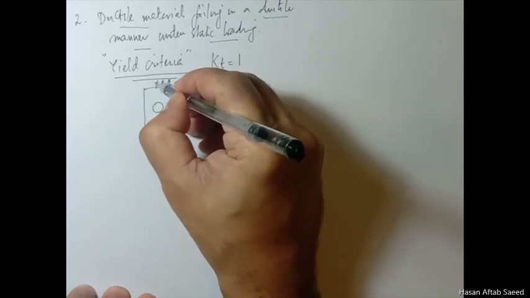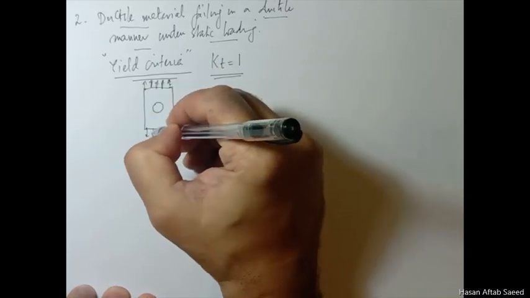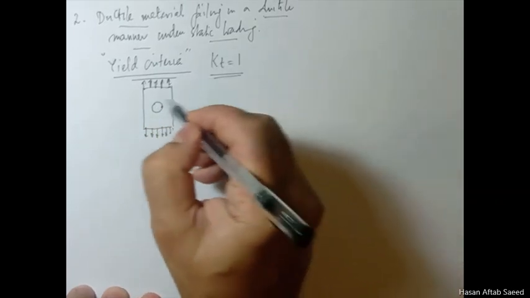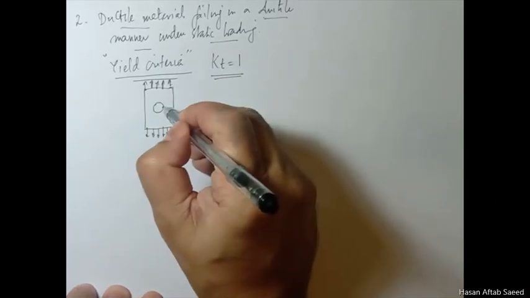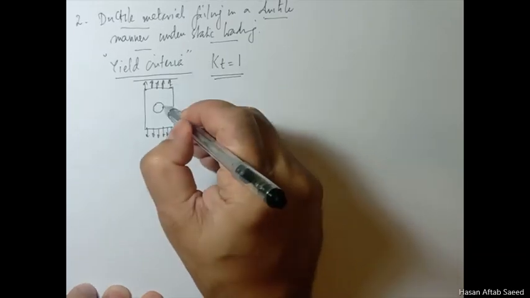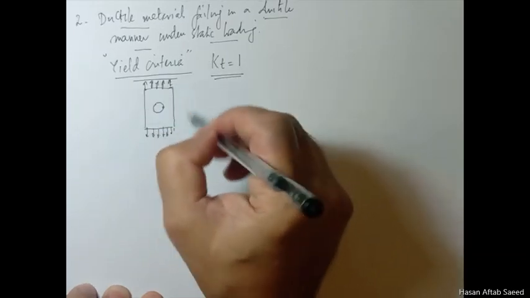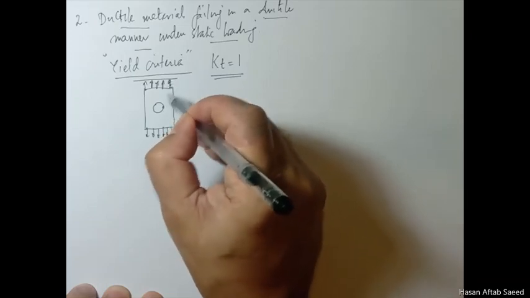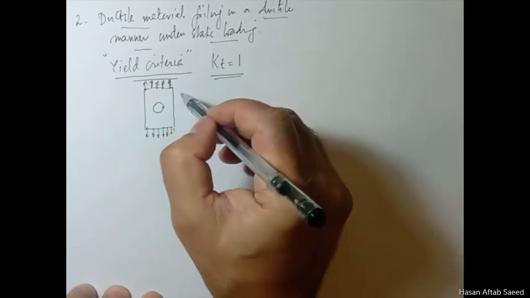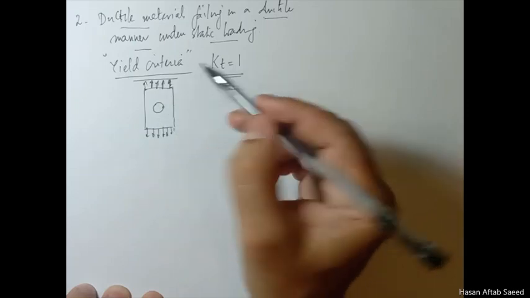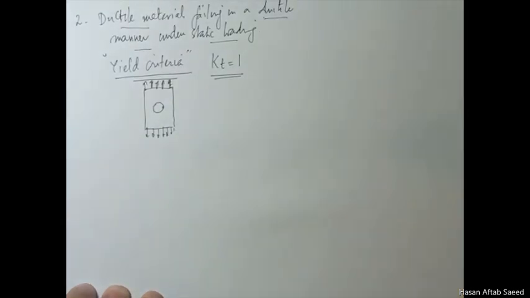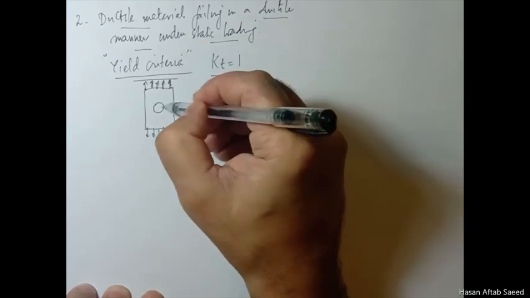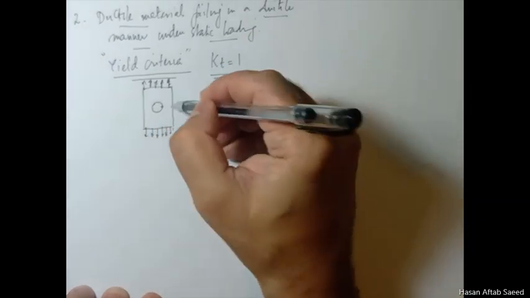You apply loading like this, and obviously there's a stress concentration here, and the stress could be very high. The nominal stress obviously keeps on increasing, and then you multiply this with the theoretical stress concentration factor, which is actually not 1, maybe it is 3 for this situation, but for other kinds of discontinuities it could be even higher.